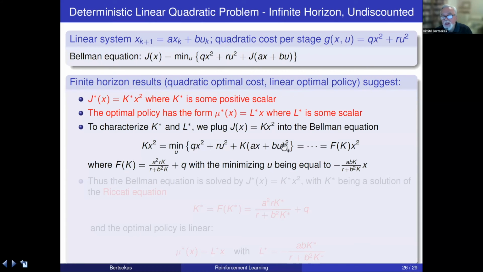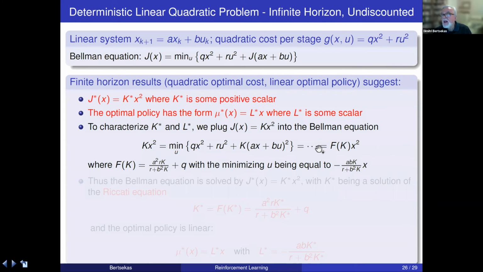It involves a quadratic minimization with respect to control, and after you compute the minimizing control and plug it in, you get a quadratic function of the state. So we can do this calculation in closed form, plug in the minimizing u, and carry along the calculation, and we get this final result.